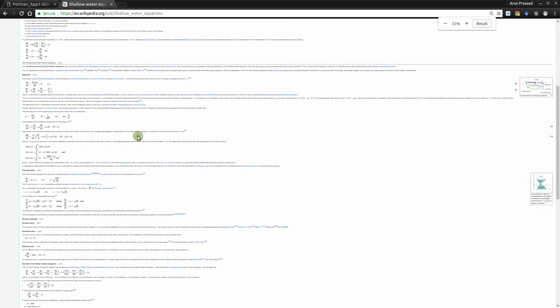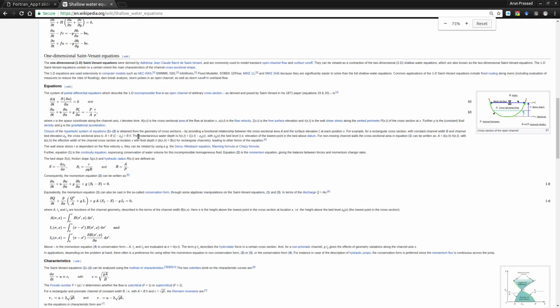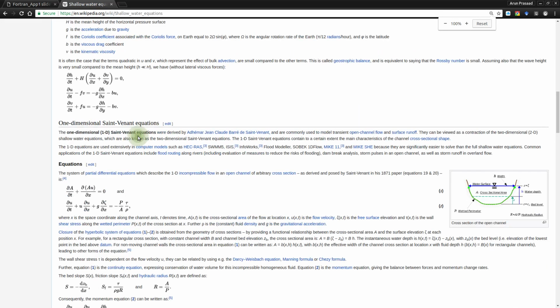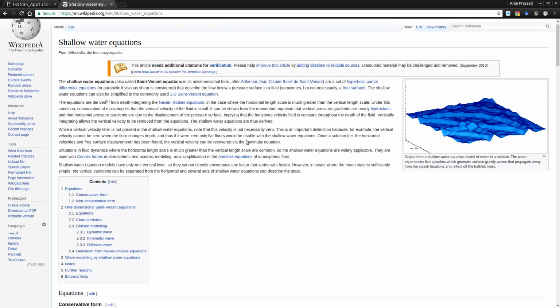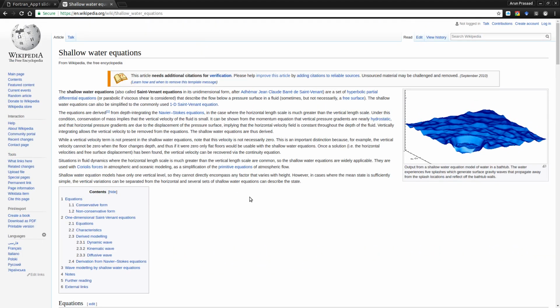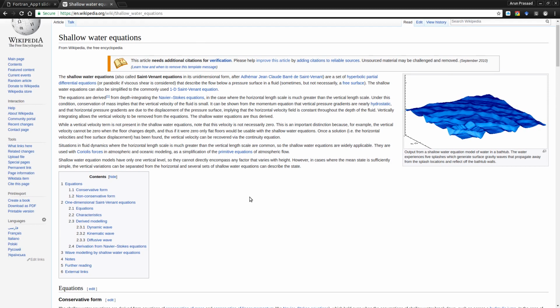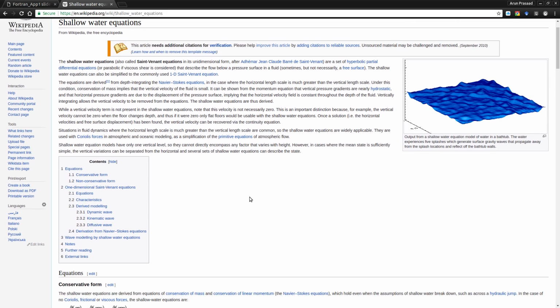there is this Wikipedia article regarding the shallow water equations. There's an entire explanation of how it has come up, and all of this is given over here.